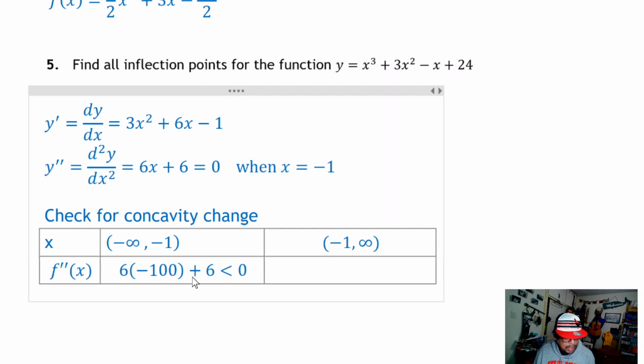Let's check our second derivative for any number between -1 and positive infinity. And this time we can use a 0, so I'll just use 0. We got 6 multiplied by 0 plus 6. And of course, that result is going to be greater than 0.